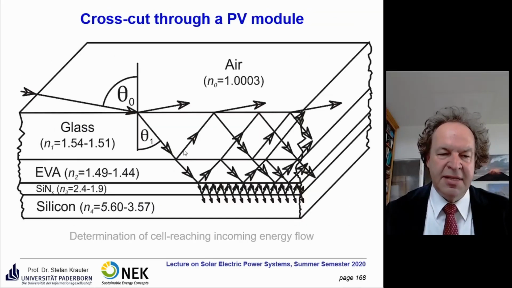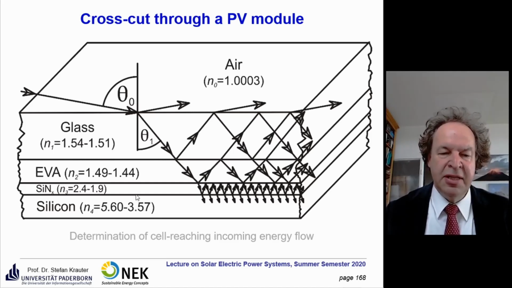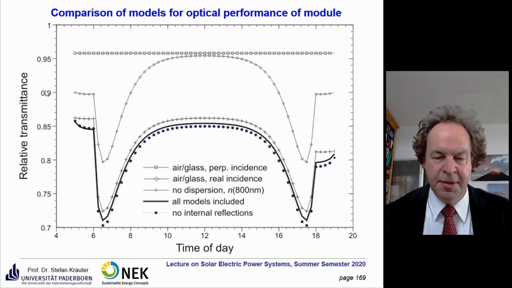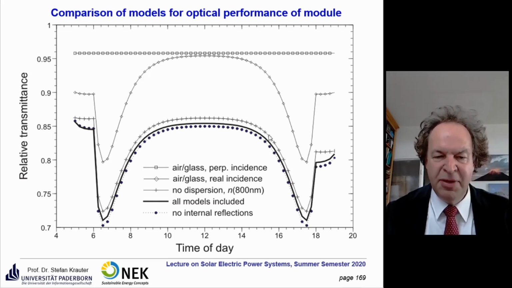So the optical density, the refractive index here, usually changes with the wavelength, not so much for glass, but for silicon this is quite significant. And due to that, the reflectivity changes significantly, and therefore also the transmittance, the optical performance, that you see here.